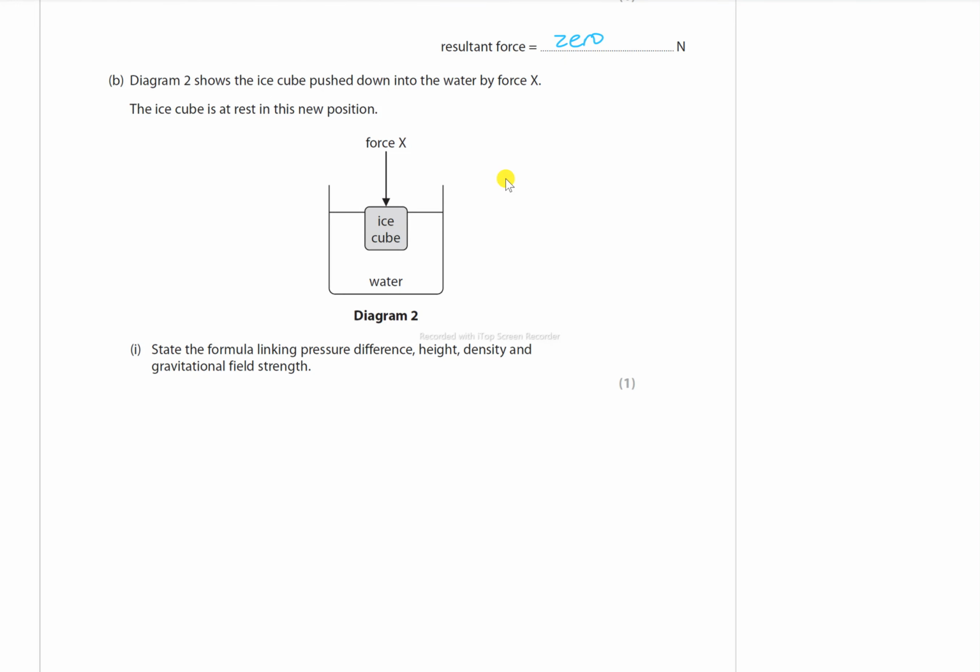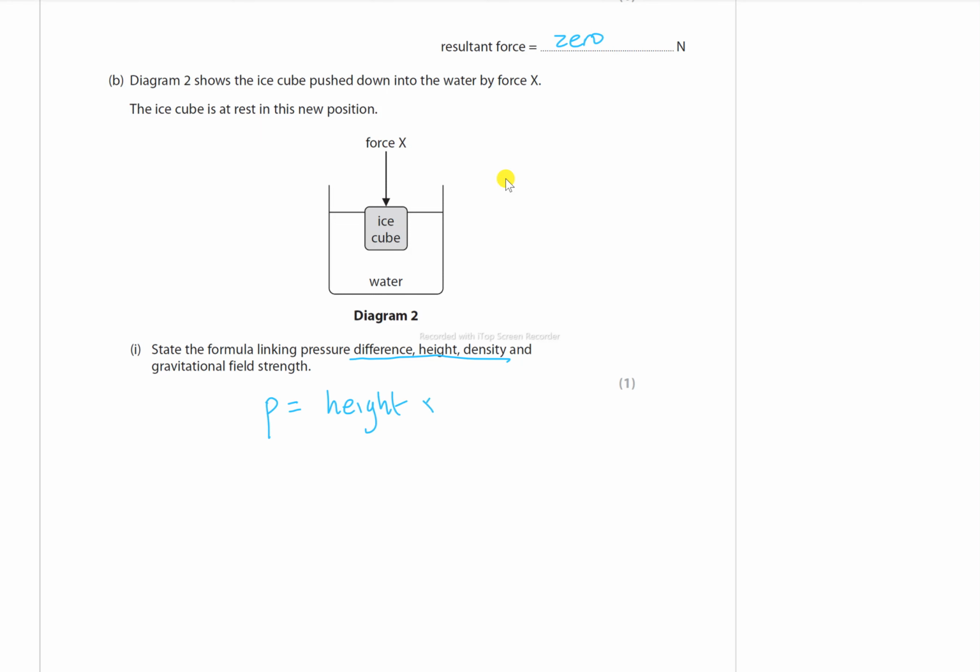Diagram 2 shows an ice cube being pushed down. State the formula linking pressure difference, the height and density. Okay, so pressure equals height times density times gravitational field strength.